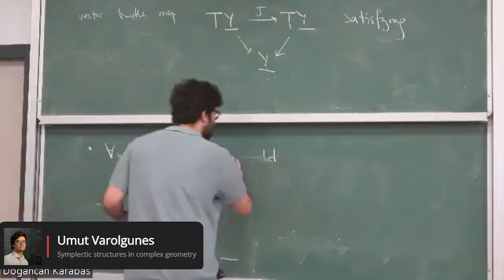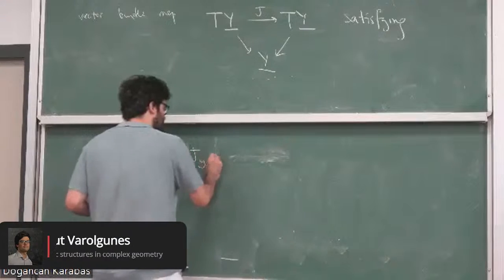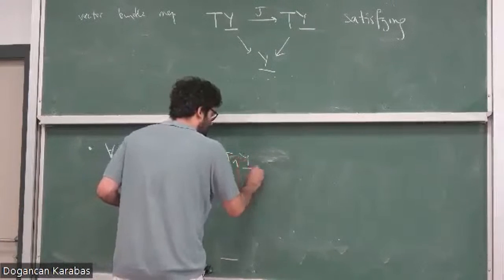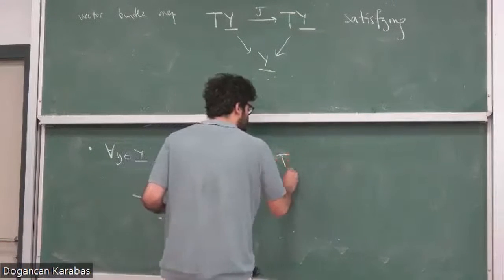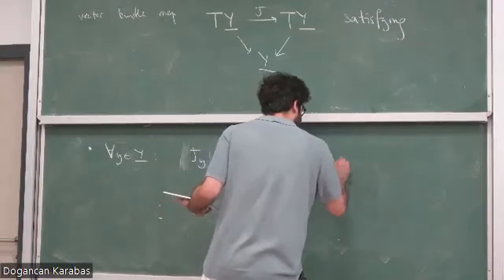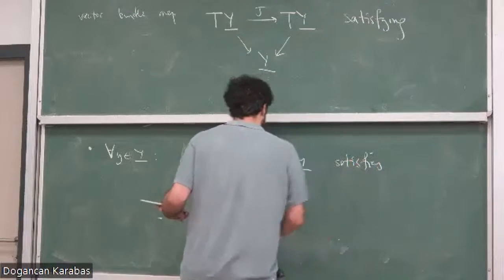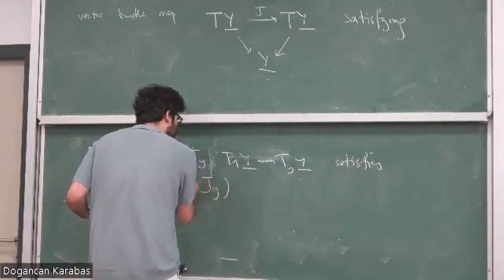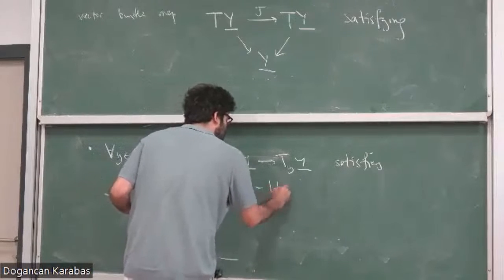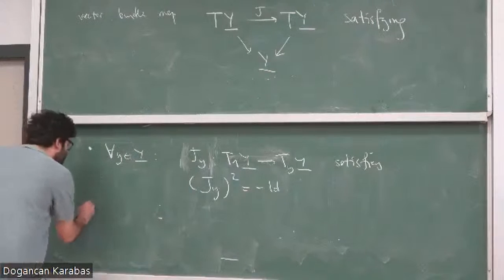So J_Y, let me say it like this, just to be even more clear. This is a map from the tangent space to itself, and it satisfies the property that its square is equal to minus the identity. So it's kind of like i squared is -1. This is coming from that.